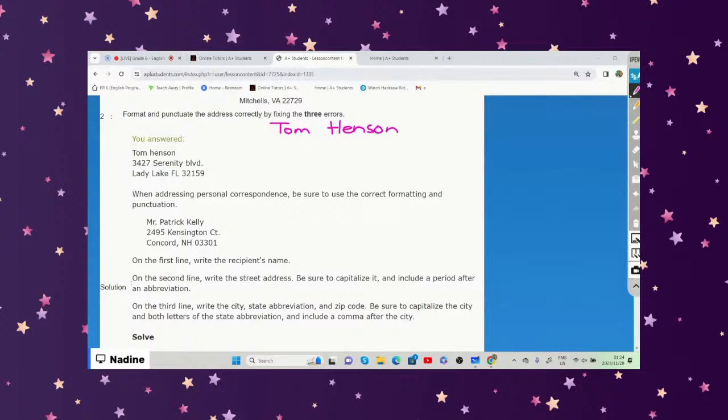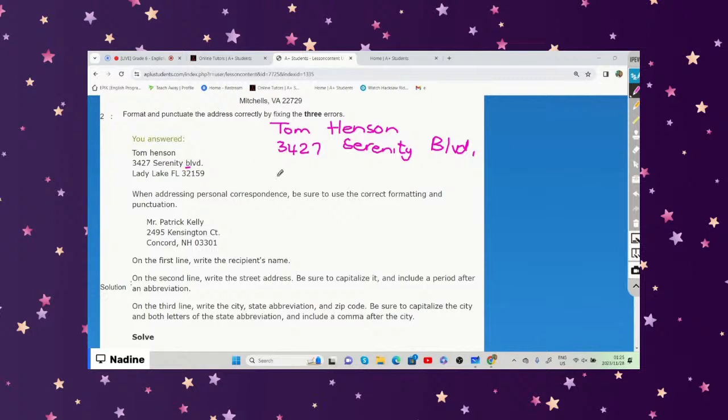So Tom Henson is the person that we're addressing the letter to. Now we need to write our street address, which is 3427 Serenity. And Boulevard needs to be capitalized, which is BLVD and our period. Don't forget your period after the street address.